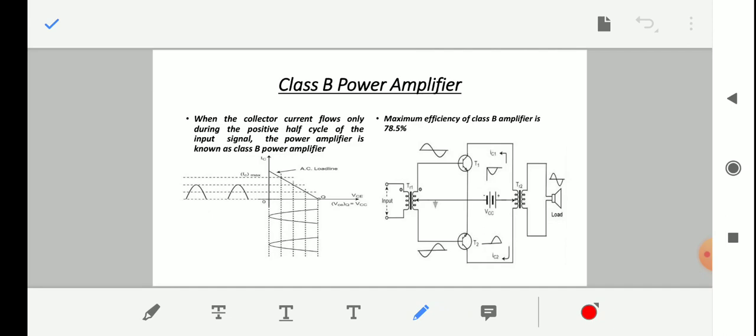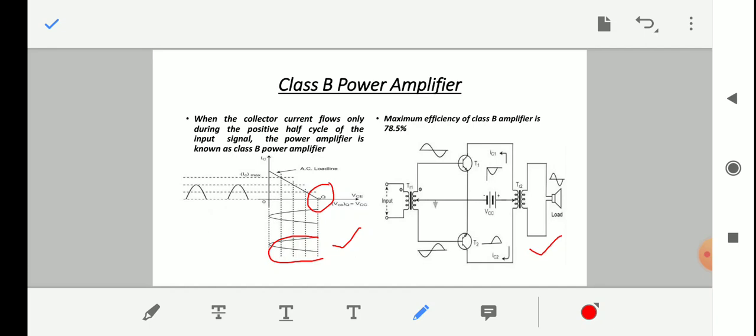The circuit arrangement for class B amplifier is given in this diagram, and the IC and VCE curve is given in this diagram. From the IC and VCE curve, it is clear that the Q point for the class B amplifier is at the horizontal axis, where IC equals 0. Due to the presence of the Q point at the horizontal axis, only half cycle of the input signal is received at the output section.